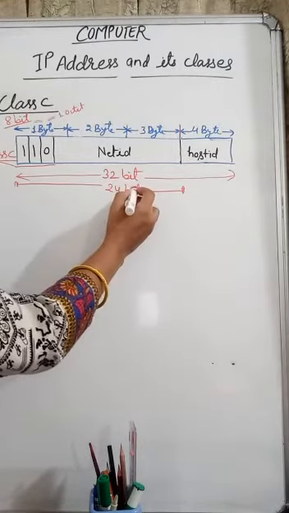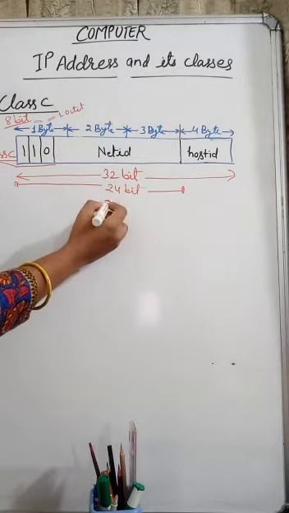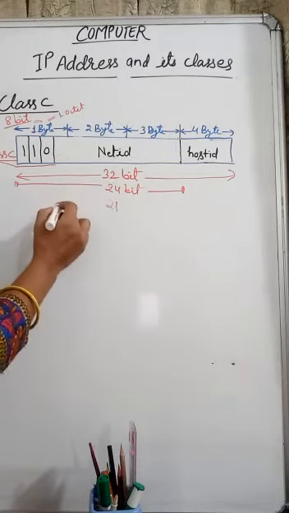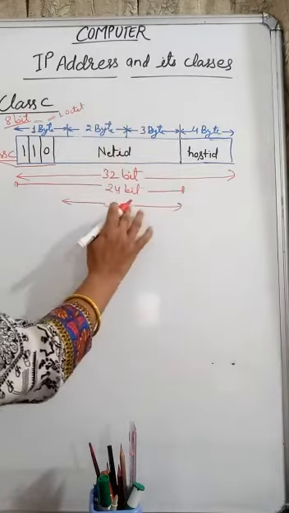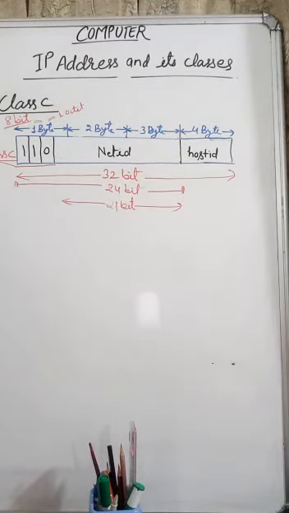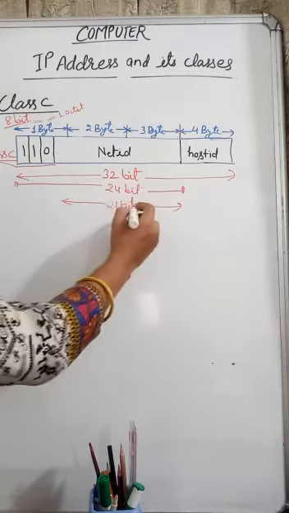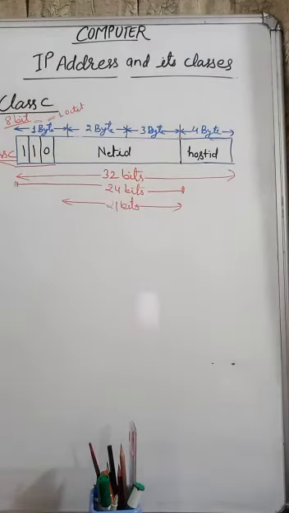From these 24 bits we separate the 3 leftmost bits for the identification of class C. So 21 bits define the network.